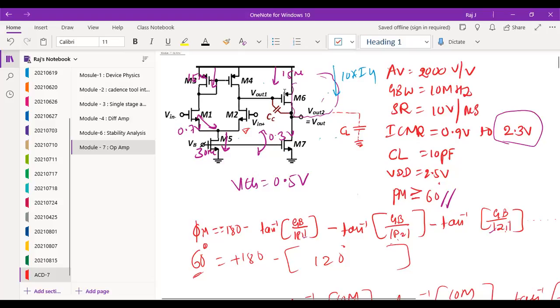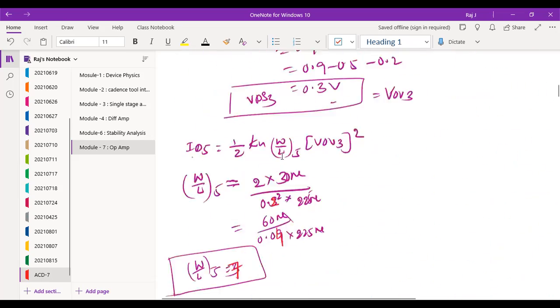The total impedance at the input side will be the load impedance times this total impedance divided by the sum of these two combinations. That's the capacitive nature, just the opposite of your resistive nature. So that formula we have to use here.